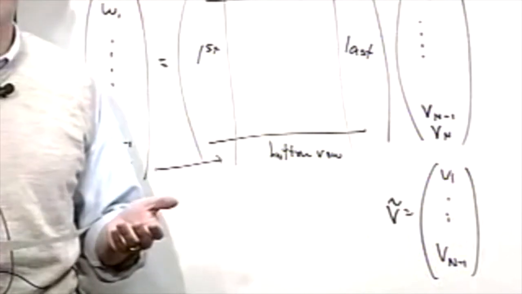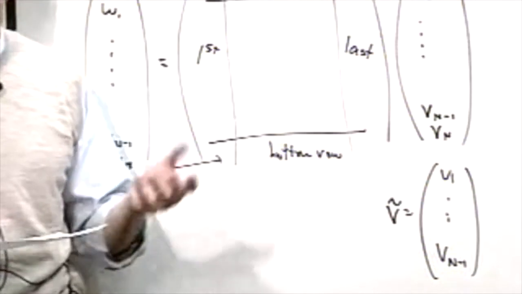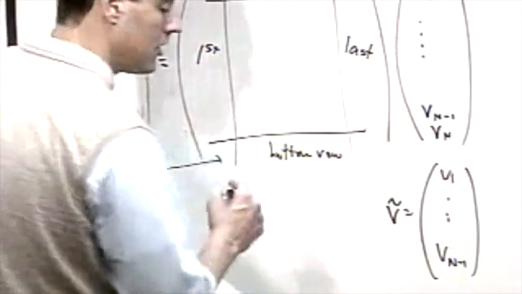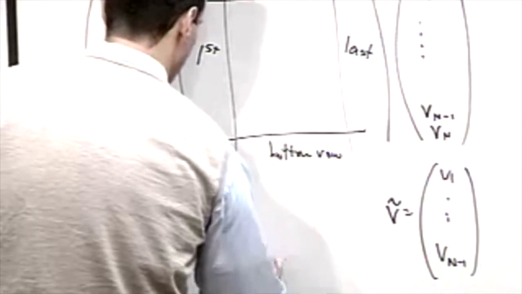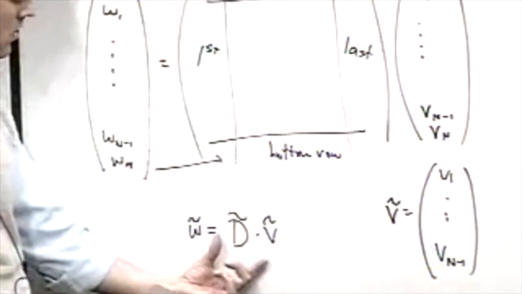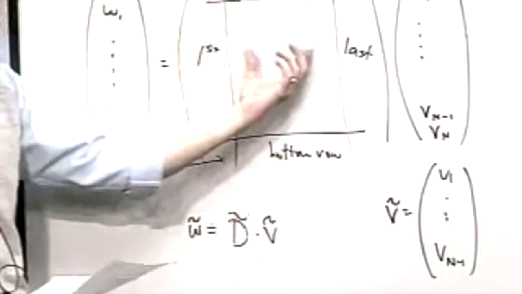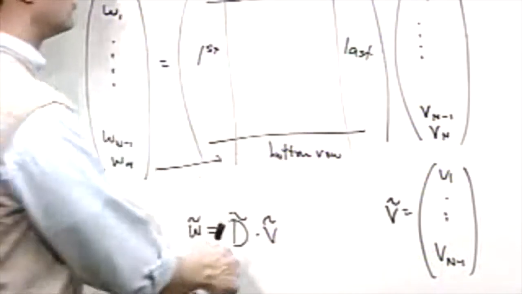This is a lot like what we did with the direct solve method for homework 1. You pull out the interior points, and what you want to do then is say, okay, how do the interior points get differentiated? Well, then there's some vector w tilde is d tilde times v tilde. Where this d tilde is simply this middle box of this matrix. How do you get that middle box out? Pretty easily, actually.